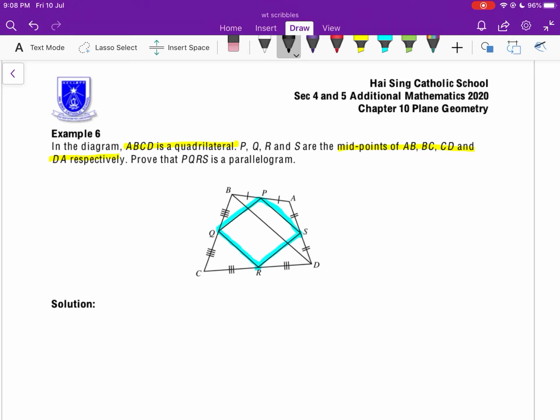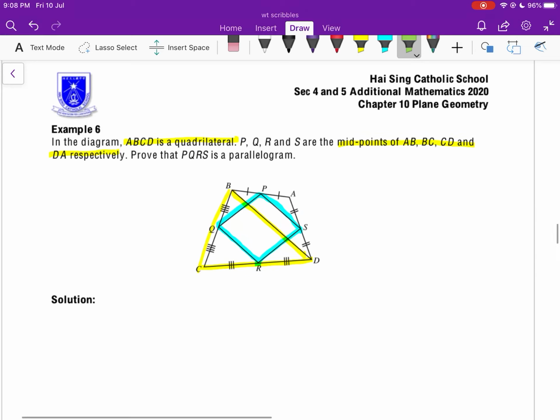Let us focus on this triangle, triangle BCD and triangle QCR. So let me erase the blue color lines away. These two triangles are what we focus on. Which means we are focusing on point Q and point R.